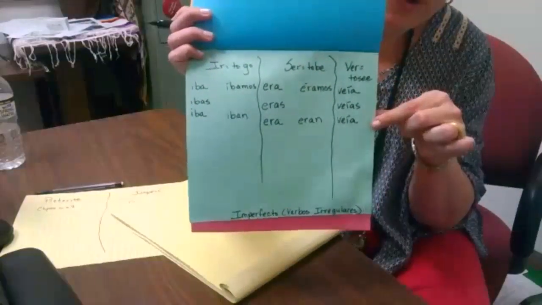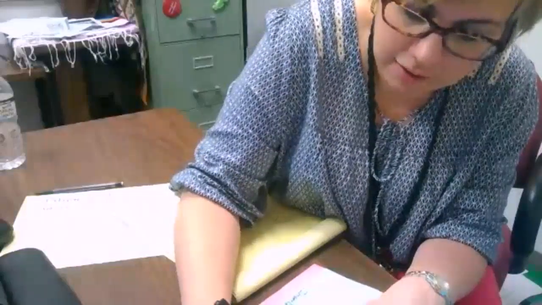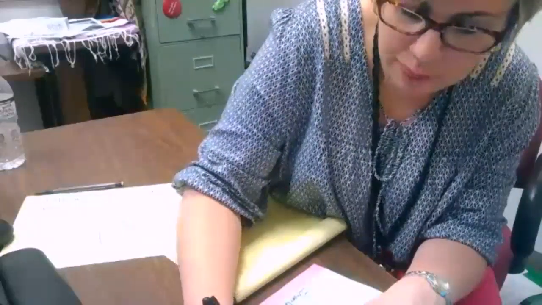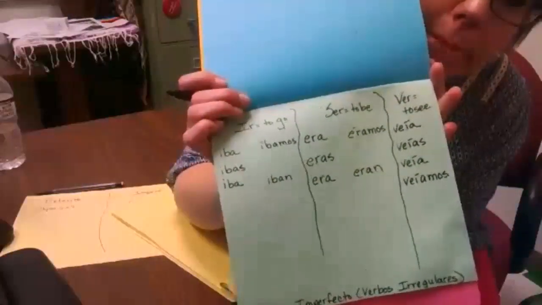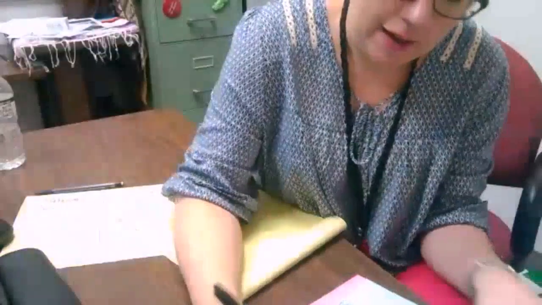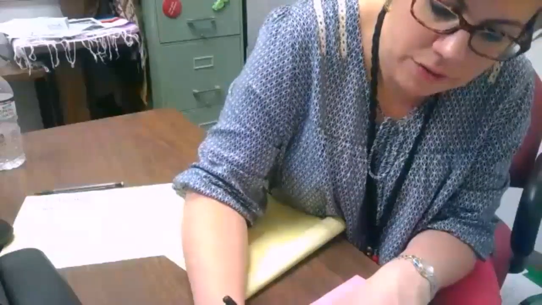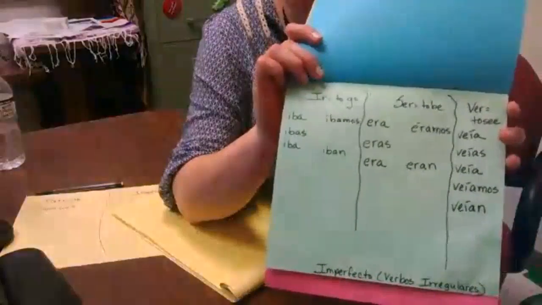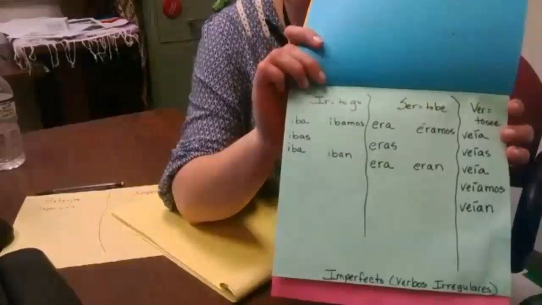So for the nosotros form, it's going to be veíamos. We used to see. And then for the third person plural, ellos, ellas, and ustedes, veían. They used to see or y'all used to see.